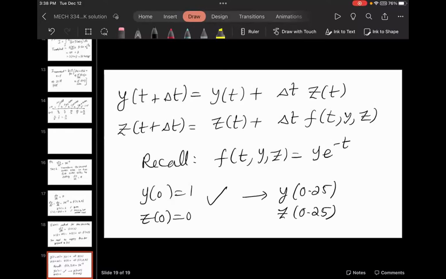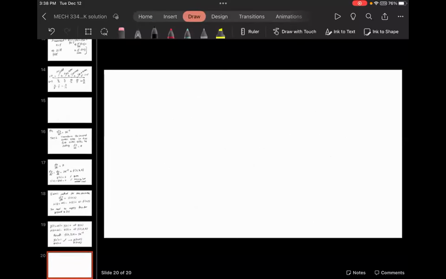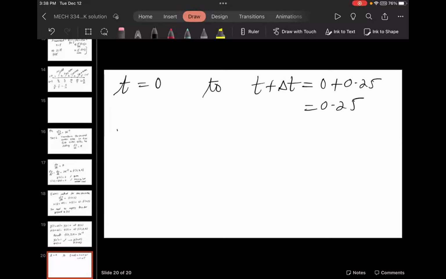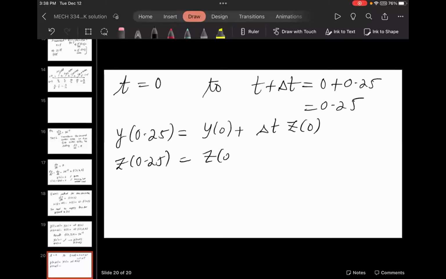So how do you do that? So for advancing the solution from t equal to 0 to t plus delta t equal to 0 plus 0.25 or 0.25, you write y of 0.25 equals y of 0 plus delta t multiplied by z of 0. z of 0.25 is z of 0 plus delta t multiplied by f of 0, y of 0, z of 0.